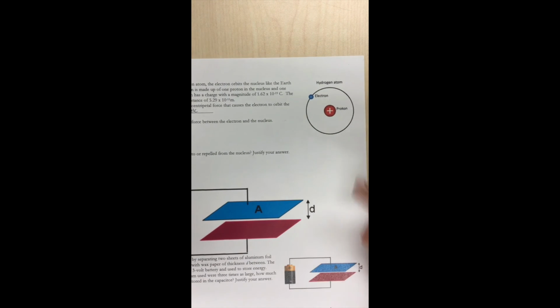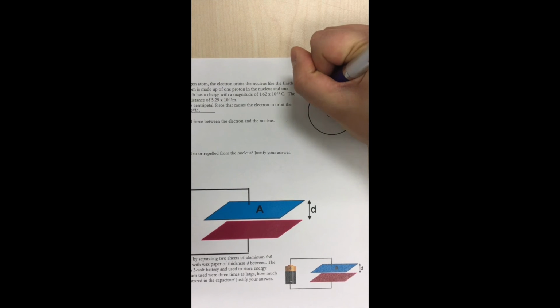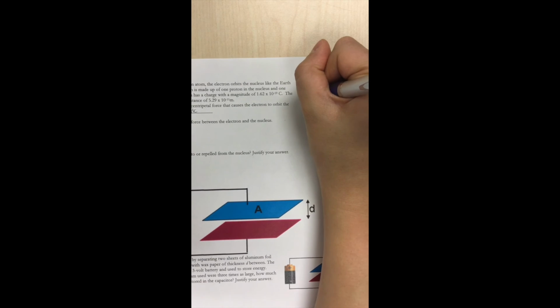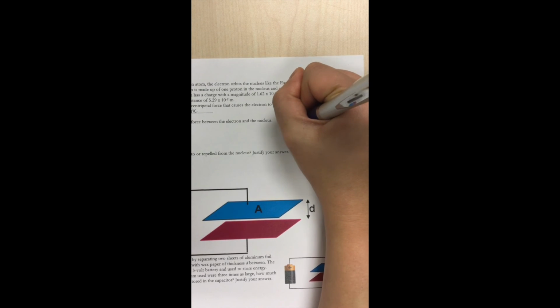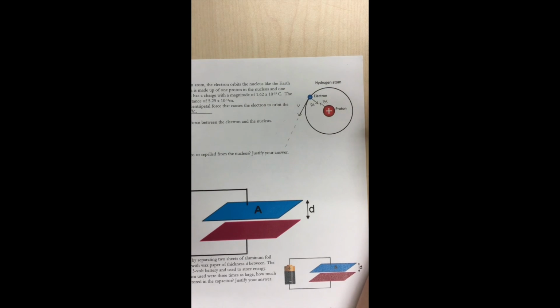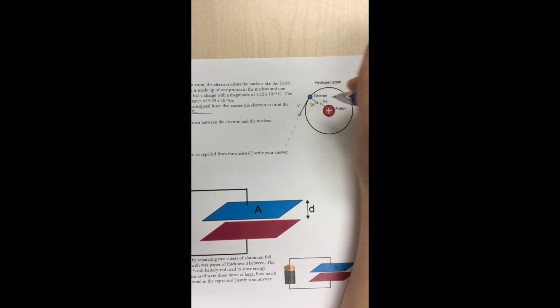If I look at the picture of the hydrogen atom, that leaves my electric force between these two particles and the tangential velocity over here. That should look like unit 3, centripetal force, tangential velocity.